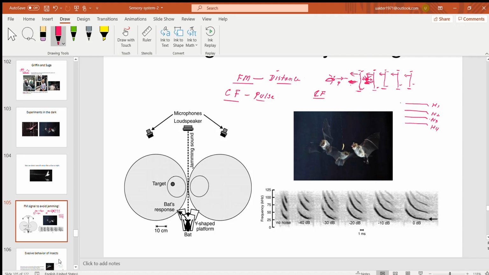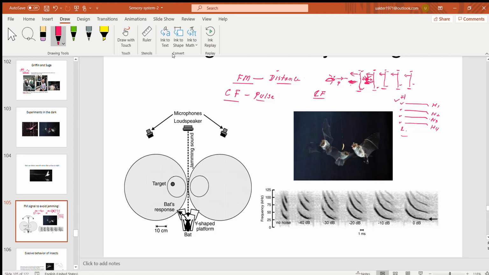So these are pulses at different frequencies. Okay, so low to high frequency. So this is high, this is low. Now if the bat is moving towards the object, then what will happen?